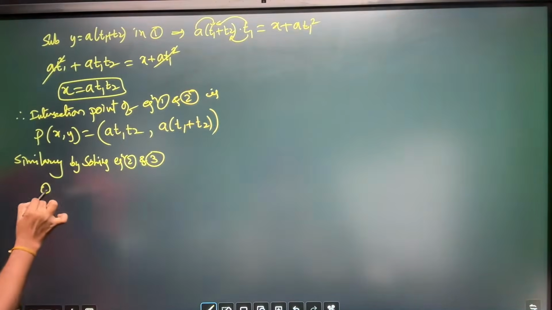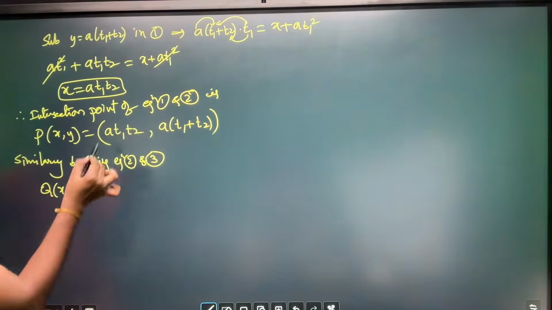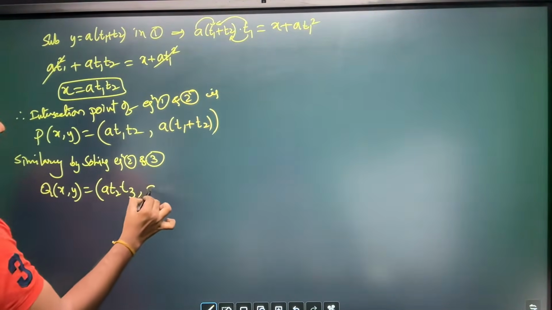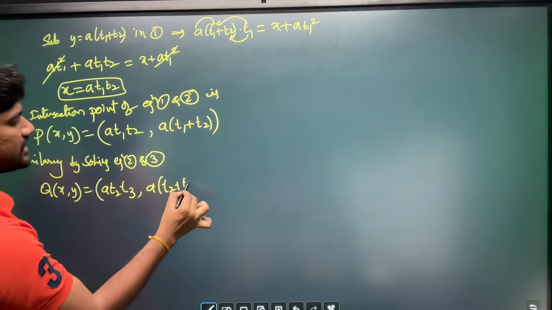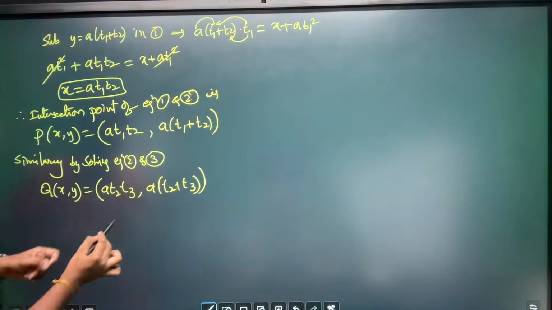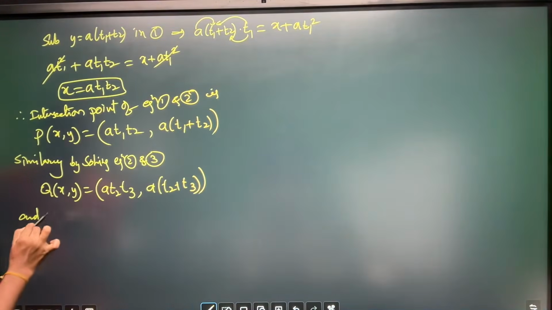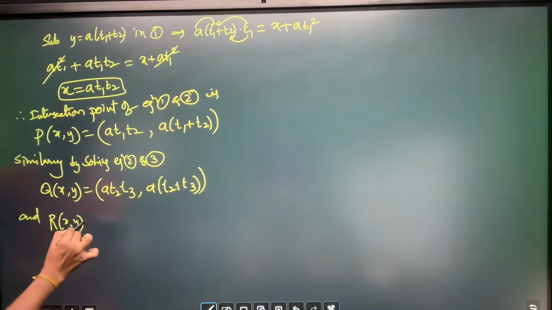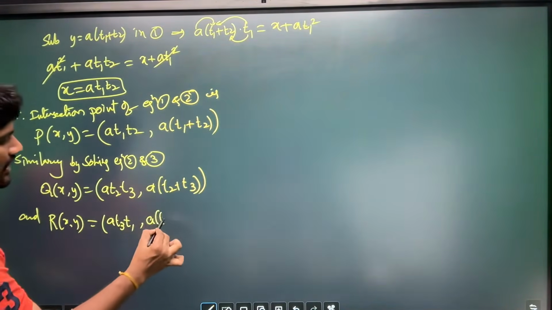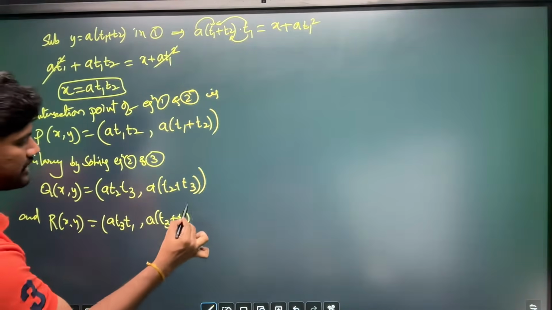So Q of x comma y is equal to a T2 T3 comma a into T2 plus T3, just an extension of these. Here it was T1 T2, here T2 T3. And R, capital R x comma y, is equal to a T3 T1 comma a into T3 plus T1.